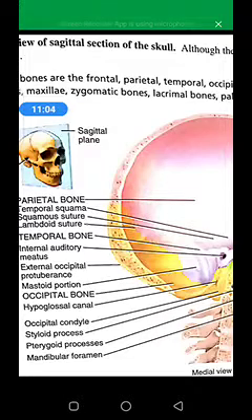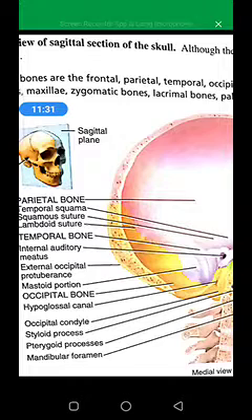Then there is the external occipital protuberance at the back of the occipital bone. Then there is the mastoid portion, then the occipital bone, then the hypoglossal canal through which the hypoglossal nerve, a cranial nerve, passes.